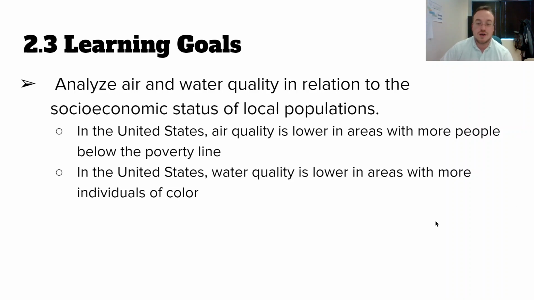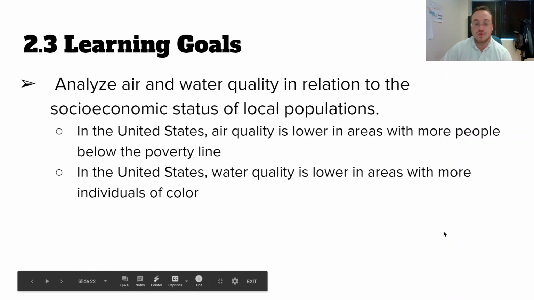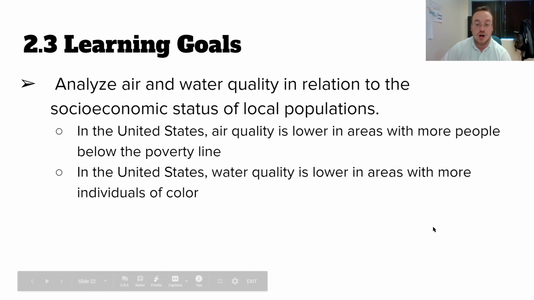So in the US, air quality is lower in areas with more people below the poverty line on average. That, like we said, there are some places and people groups that this flips, right? It's different. But we can also say in the United States, water quality is lower in areas with more individuals of color.